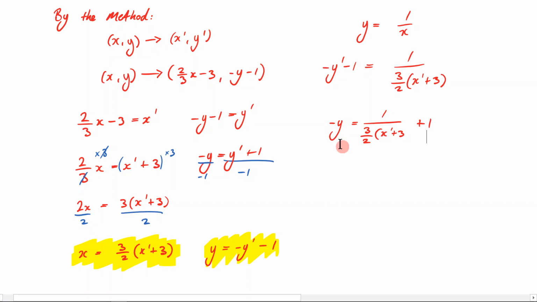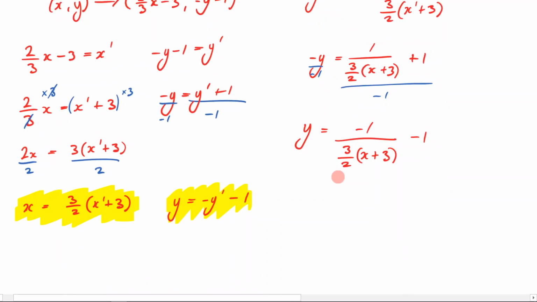So just to make sure that we're all on the same page here, I'm dividing this by -1, and I'm dividing this whole thing by -1 there. So that means what I'm going to be left with is y is equal to -1 over 3 on 2 x, getting rid of the dashes, x plus 3 minus 1.